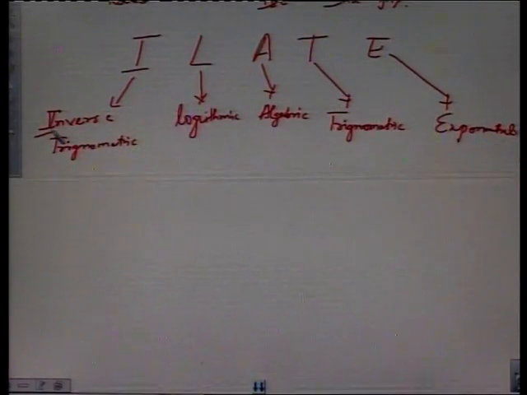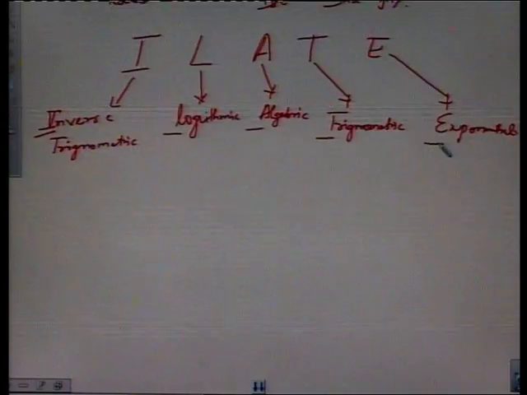We have taken the first alphabets of every type of function. These are 1, 2, 3, 4, 5 different types of functions.